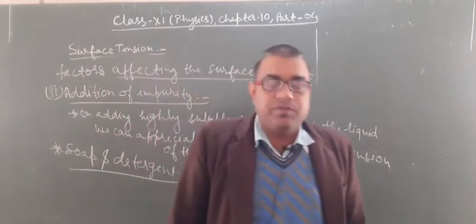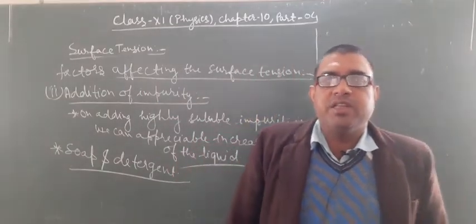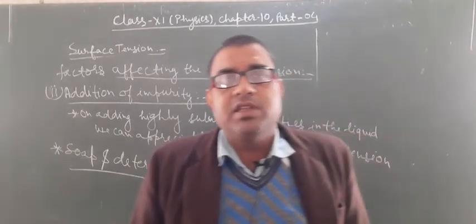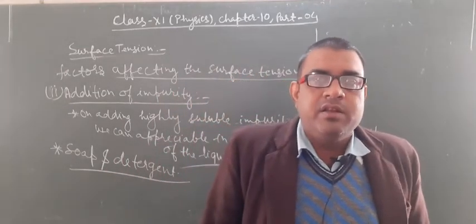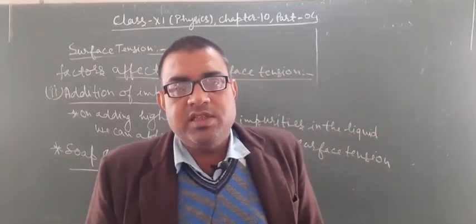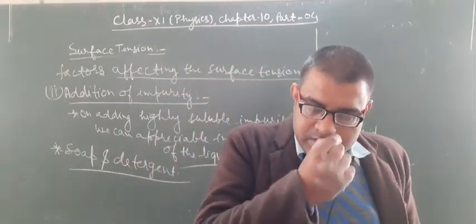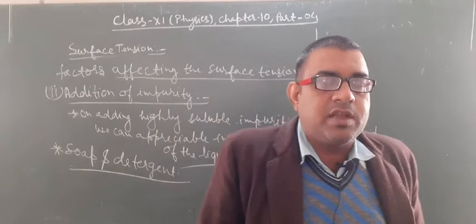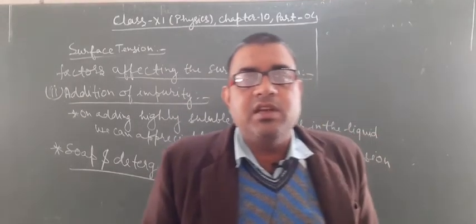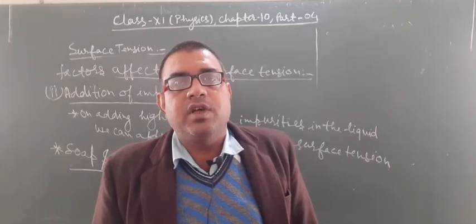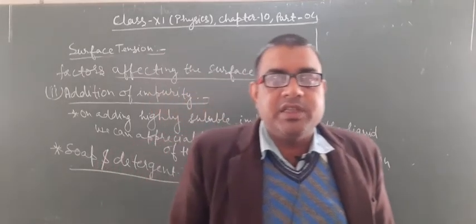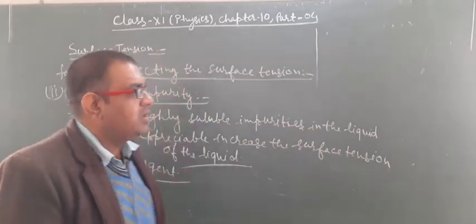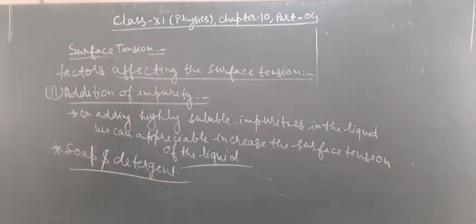When we dissolve soap or detergent inside the water, the impurity is added to the water, due to which its surface tension increases, and when we rinse or put the oily or dusty cloths inside that liquid, due to the high surface tension, it washes off the impurities present inside the cloths, or oily impurities present inside the cloths.